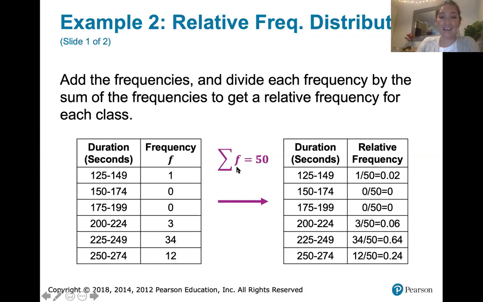Or in other words, just add all the frequencies together. So when we add these 6 numbers together, we get 50. So then we take 1 and divide it by 50, 0 and divide by 50, 0 and divide by 50, 3 and divide by 50, and so on. And then we get these numbers. Now this is the calculation of those numbers. We wouldn't leave our relative frequency distribution in this form, even though that's how we tend to calculate it.